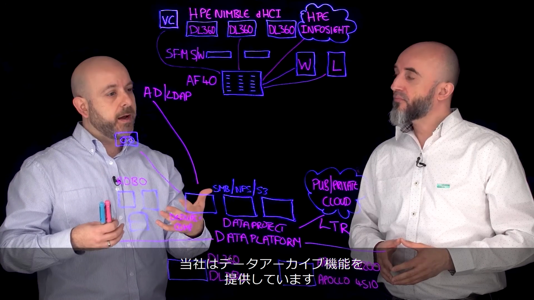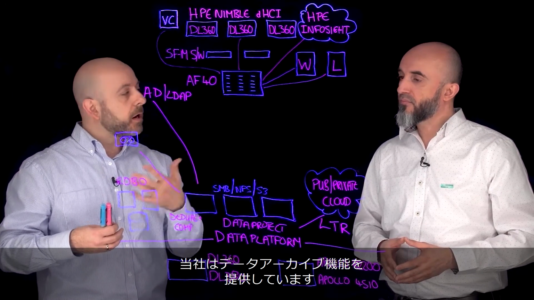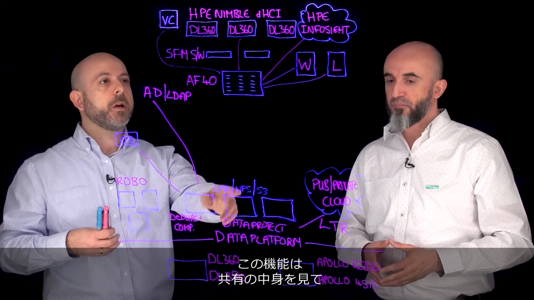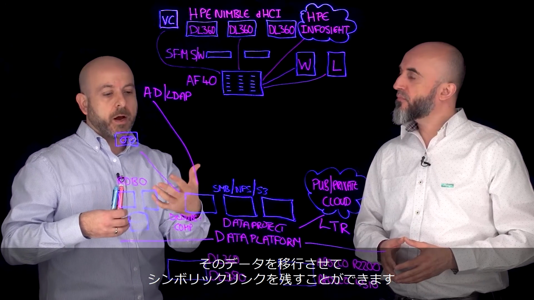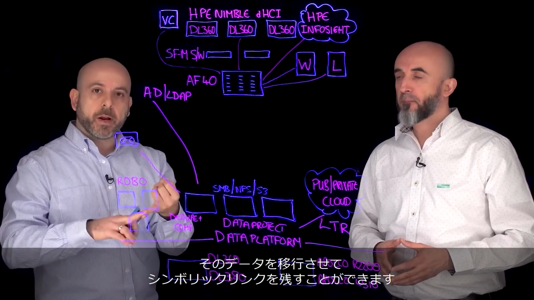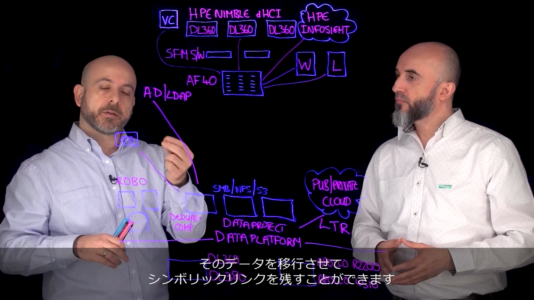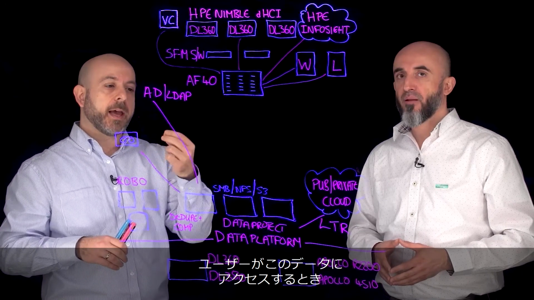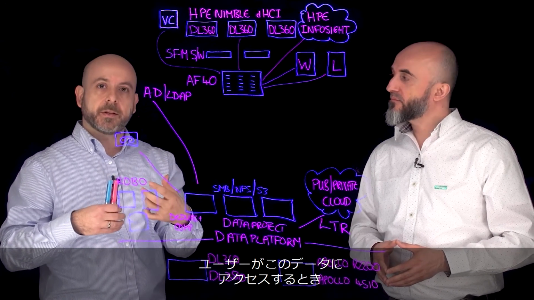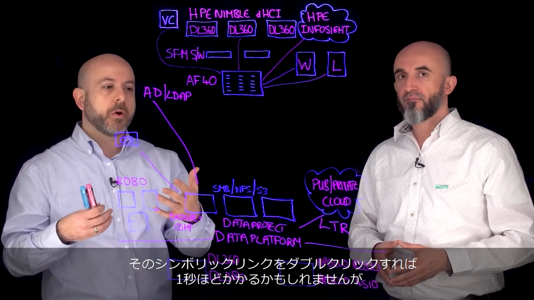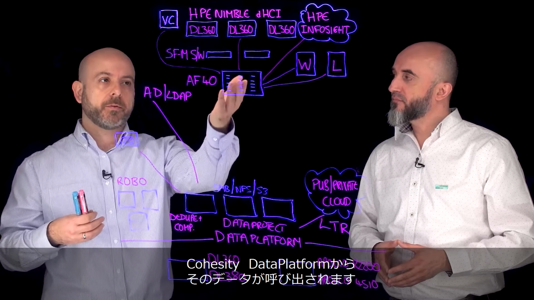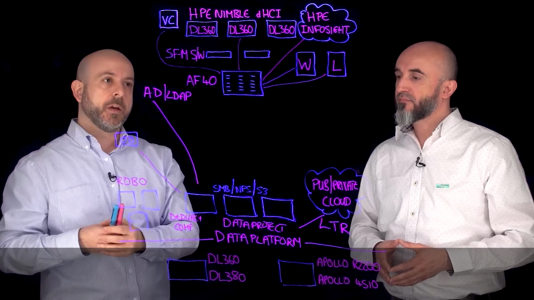So we do have a data archiving capability where we can look inside shares and migrate that data and leave symlinks behind. When a user goes to access that data, they double-click the symlink. It might take another second or so, but ultimately it's going to recall that data from the Cohesity Data Platform.